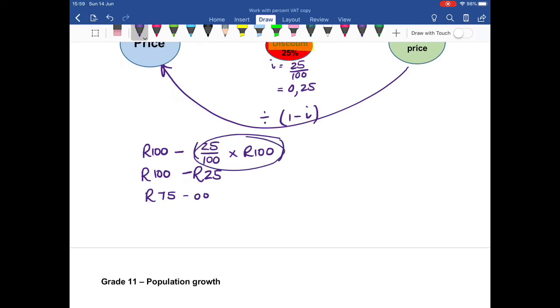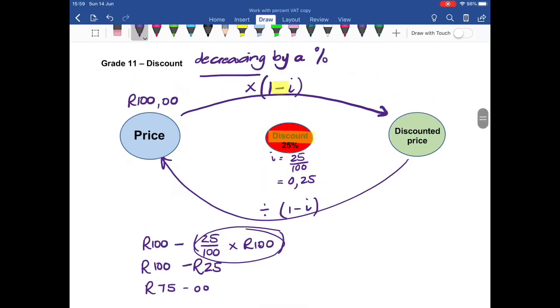So again, we're finding the percentage of the 100, so it's 1 minus i. I'm taking the one price and subtracting 25%. So I will take 100 multiplied by that, and that gave me 75 Rand.